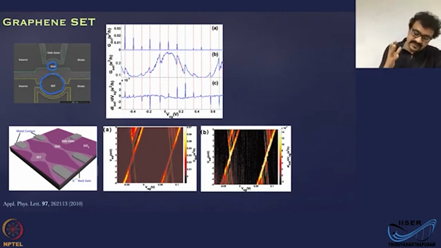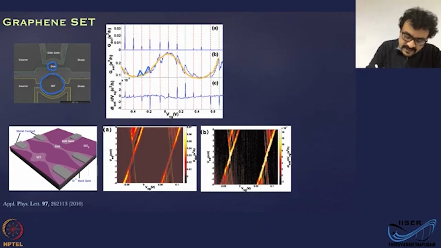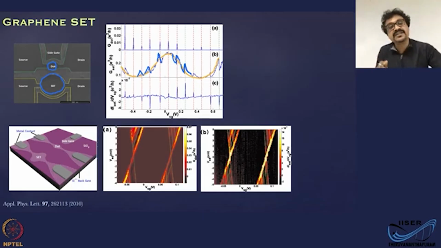Now, a small thing you need to keep in mind here is you have an overall slow oscillation, and you have a fast oscillation or changes in this case. The reason for the slow oscillation is, this gate, which is used to vary the potential of the dot, also affects the potential of this single electron transistor.